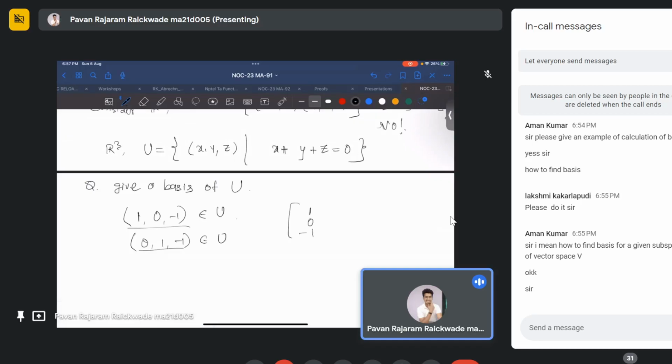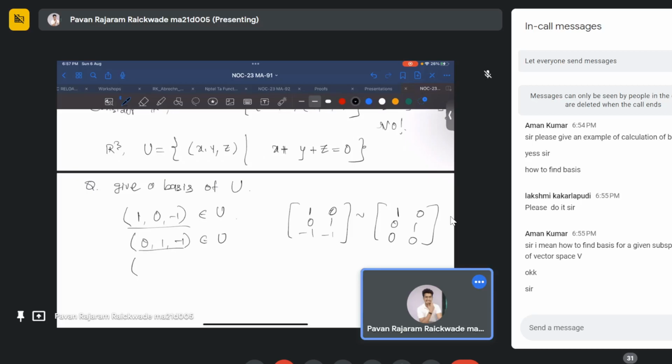You write those in columns. What is the rank? You can directly see the rank is 2, but still, two calculations here: first R3 plus R1, and then R3 plus R2. So rank is 2, hence the set is linearly independent.